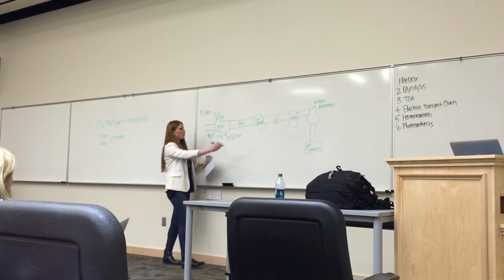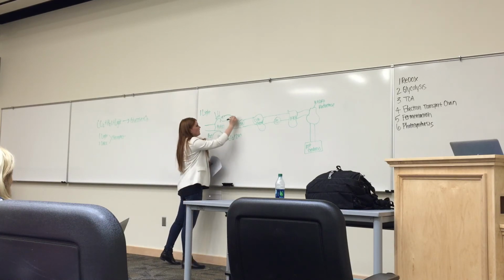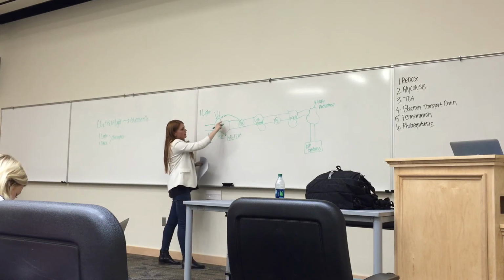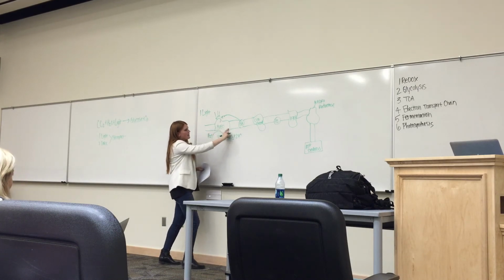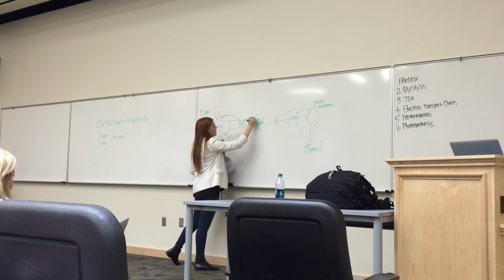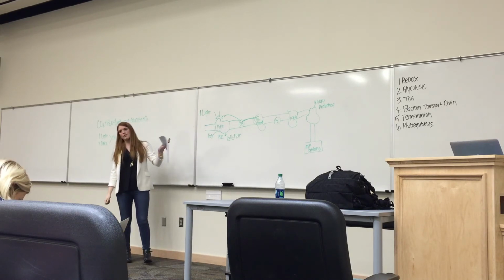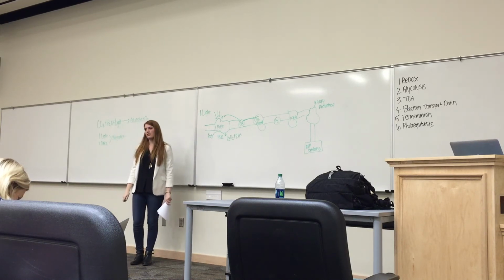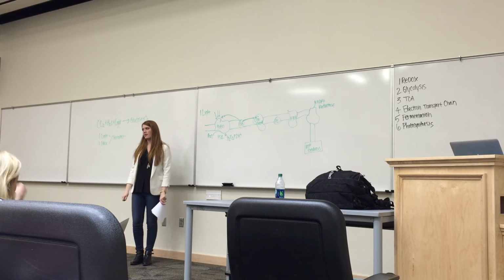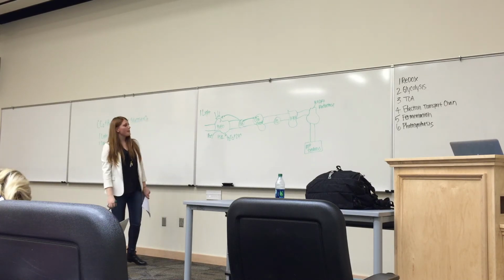So QB will transfer the electron from P680 to cytochrome C right here. And as we talked about before, what would be the characteristics of QB? Mobile and hydrophobic, right? It's moving.